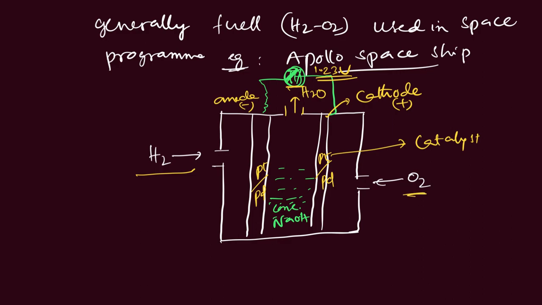Both have finely divided platinum or palladium incorporated into the carbon graphite. What is the use of this platinum and palladium? They speed up the oxidation at the anode and the reduction at the cathode, therefore the reaction will be very fast. Now what are the reactions at the anode and cathode? That we will also discuss.